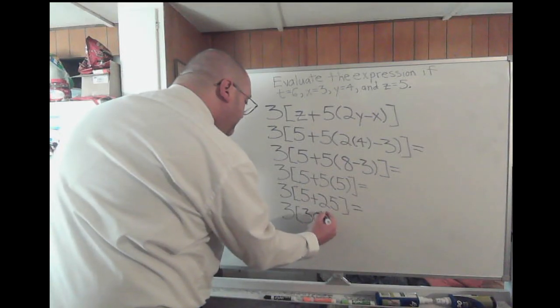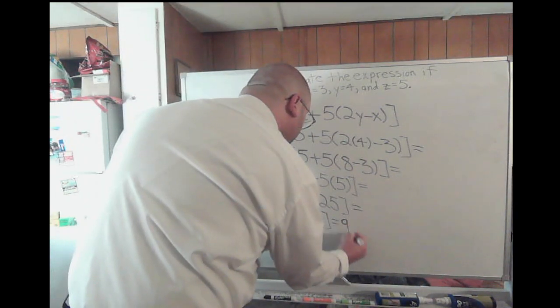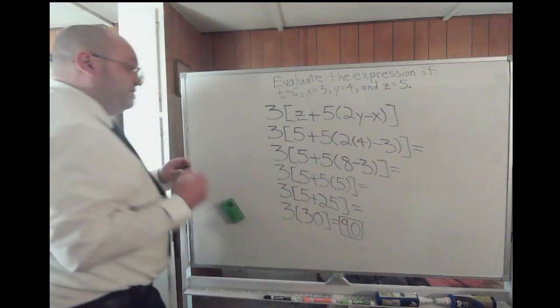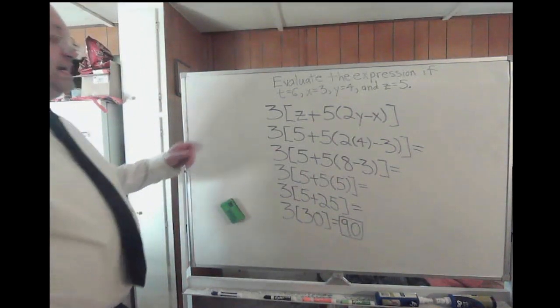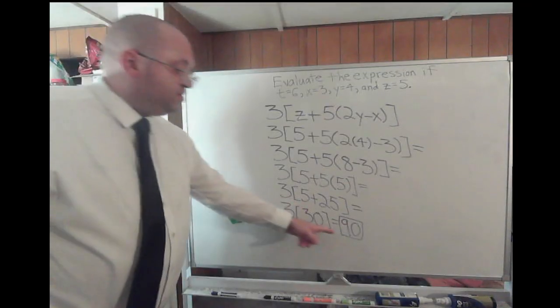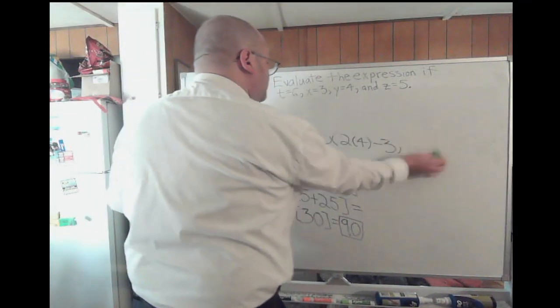So you'll have 3 times 30, which would in fact equal 90. So the answer for this algebraic expression would give you 90. By the time you substitute your value for the variables in and perform your order of operations, you would get 90. I have 2 more examples, then we'll be done for the day.